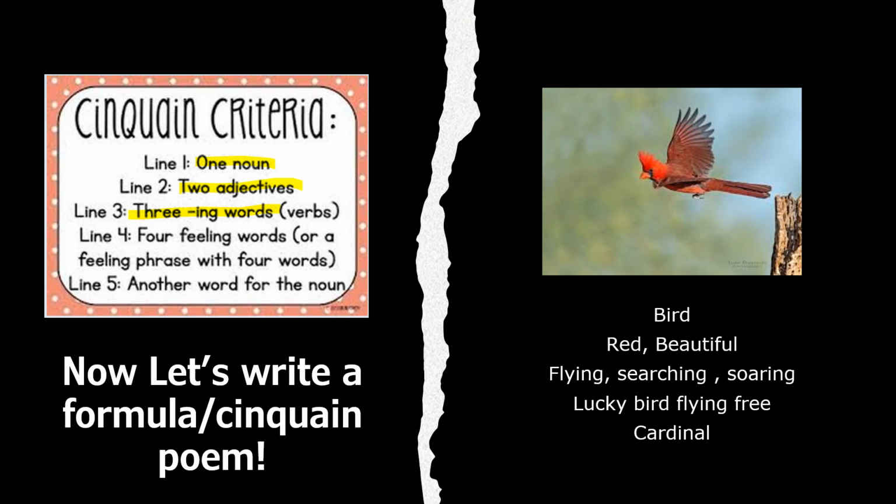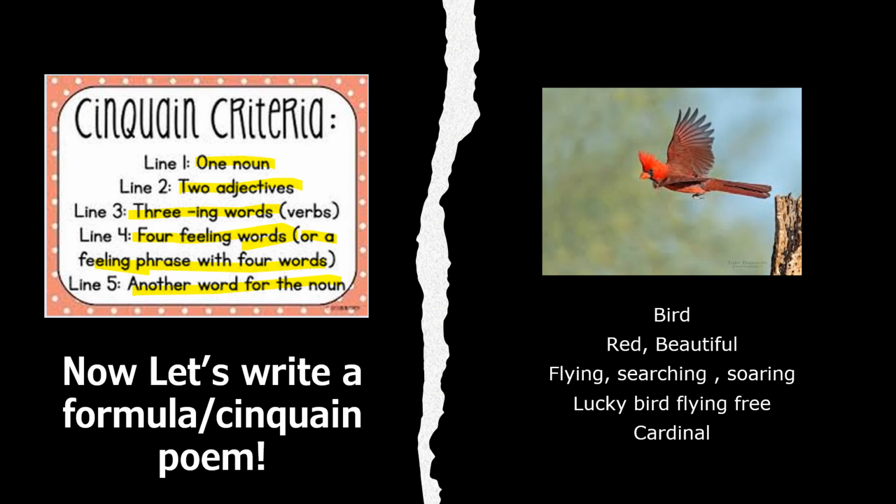On the fourth line, I have to write 4 feeling words, how it feels or how I feel when I see it, or I can write a feeling phrase with 4 words. And then on the fifth line, I have to write another word for the noun. And that's my formula or plan for a cinquain poem.